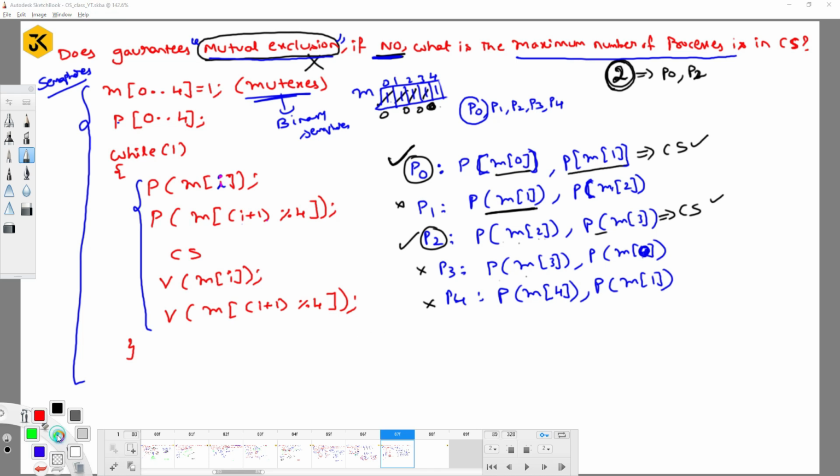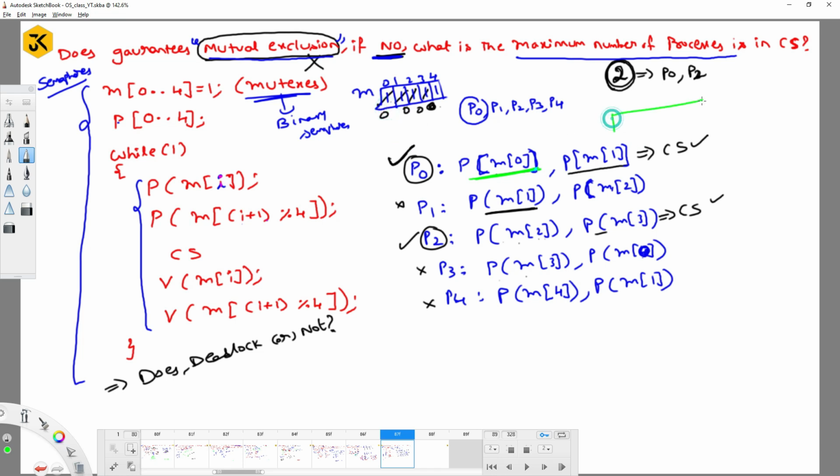Now, if I extend this question further, does it contain deadlock or not? Just think about it. Suppose P0 got the chance and executes this particular step.